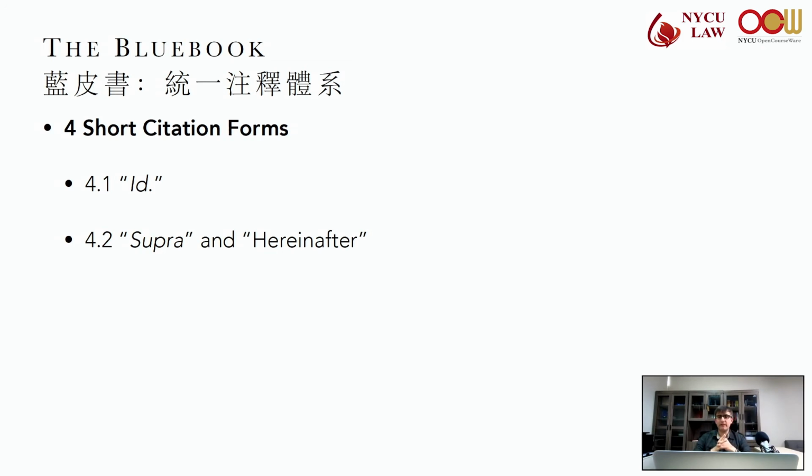And they have an example here. Sometimes you might have a cite to a textbook and a hornbook. They might even have the same name. So you would have to distinguish with a hereinafter.